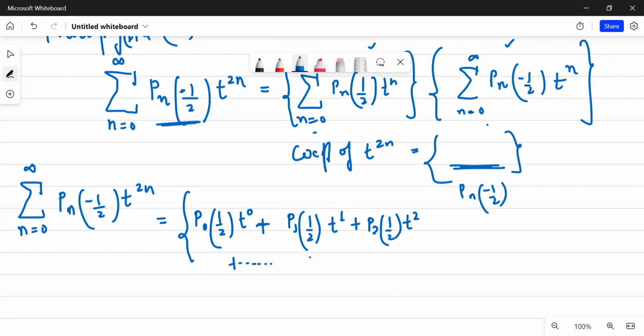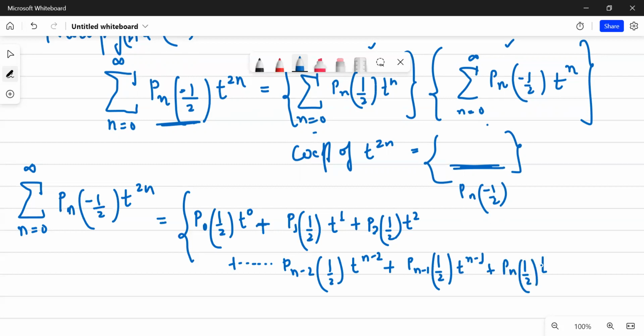And then I will write last three terms also. So last three terms will be P n minus 2 1 upon 2 t की power n minus 2. Then I will write P n minus 1 1 by 2, and then t की power n minus 1, and then I will write Pn 1 upon 2, and then t की power n. And this is one, and this is another one.